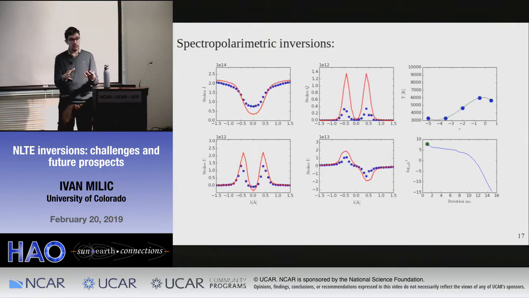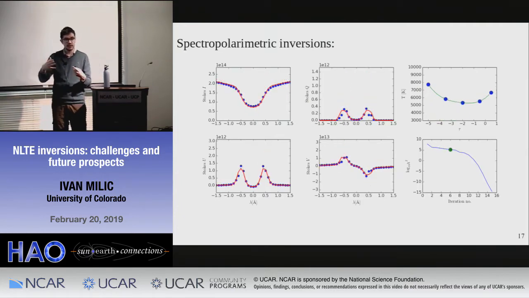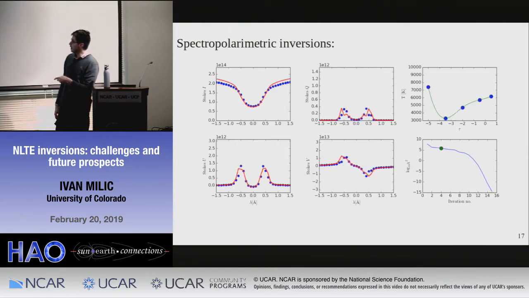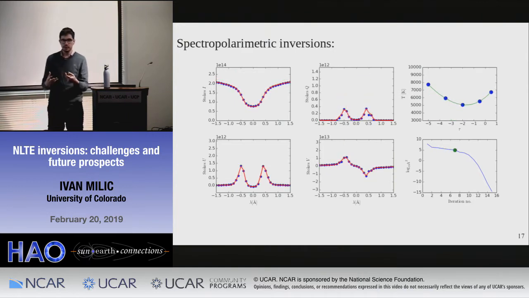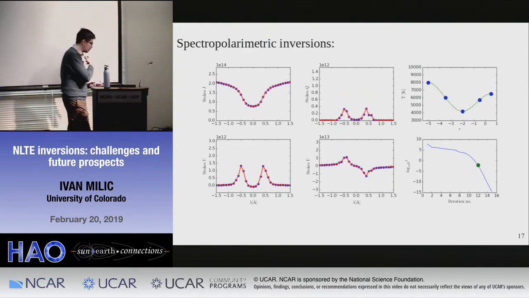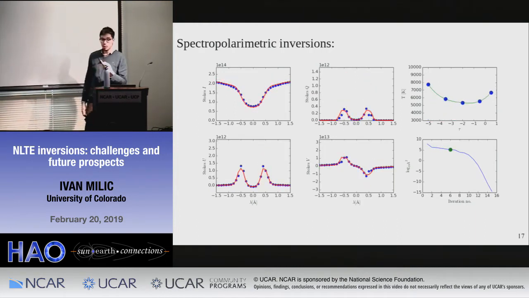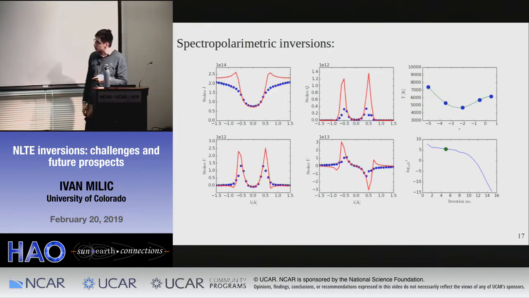However, usually when people plot temperature stratification or velocity stratification or something else, it looks very continuous and nice. But in practice, to really independently infer the value of each of these points here, it's very hard because the problem is very degenerate. And we could speak about it for a long time. Basically, what people practically do is they say, okay, I can't really infer all this structure uniquely.